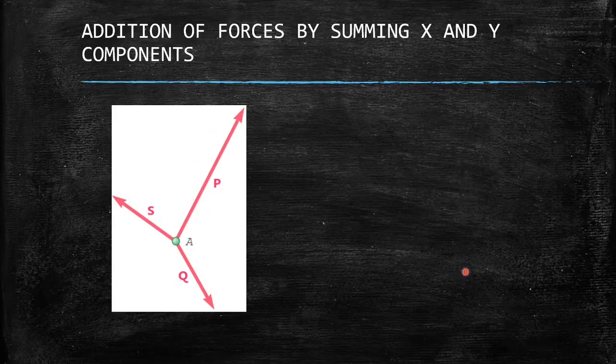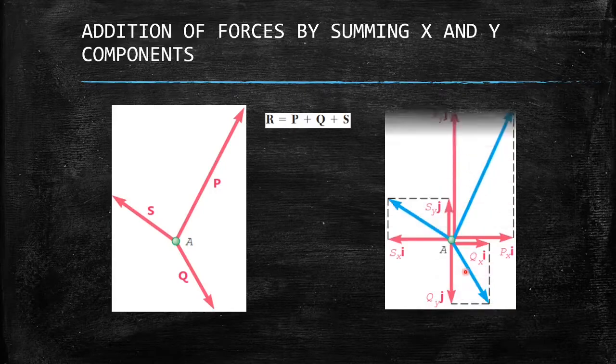Let us consider here three vector forces P, Q and S acting at a single point A. So we know that the resultant force R will be P plus Q plus S. The easiest way is to resolve these forces in the corresponding x, y directions.